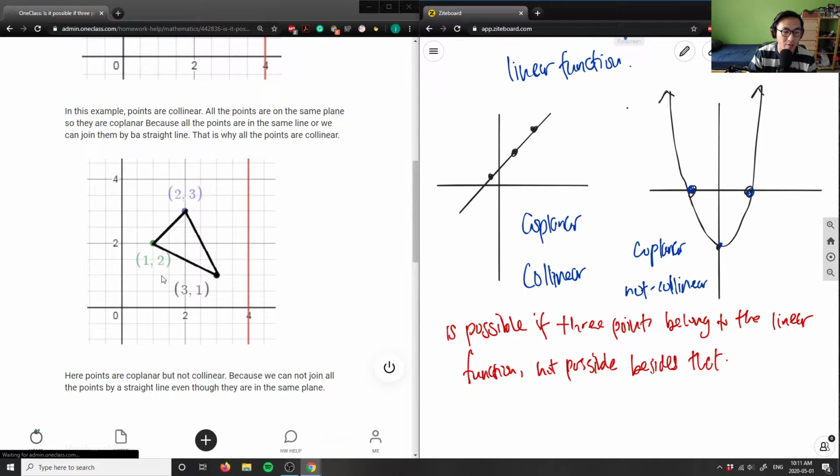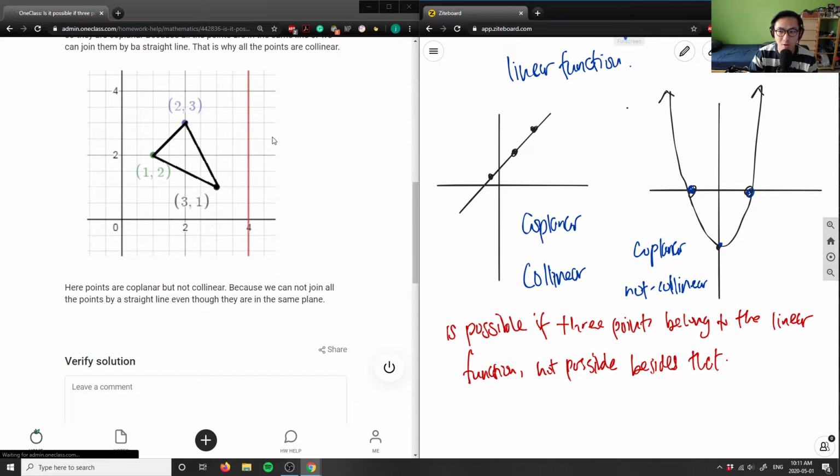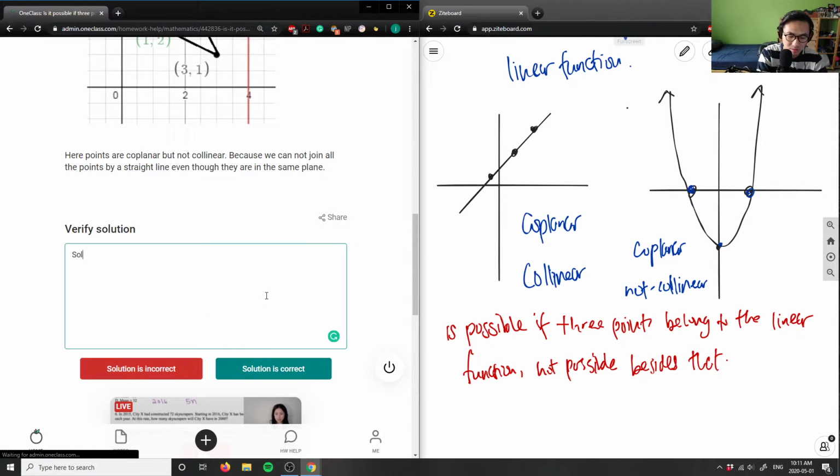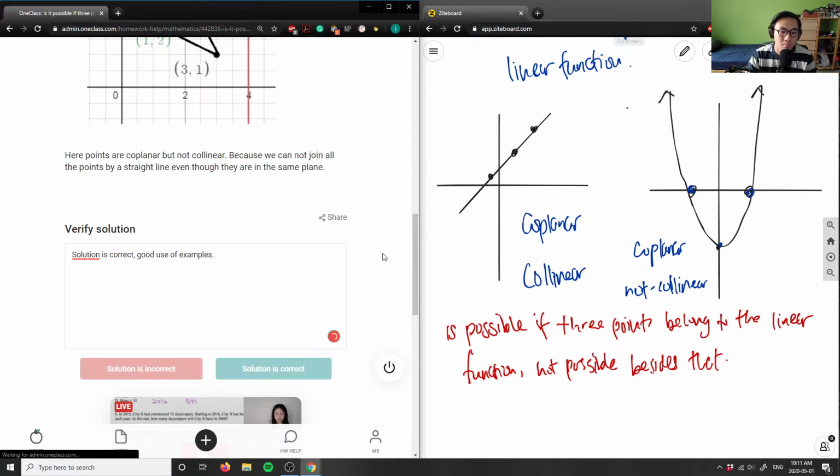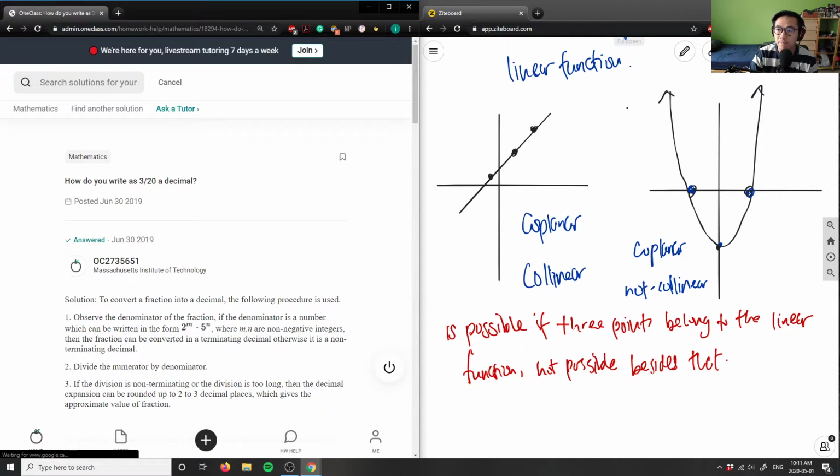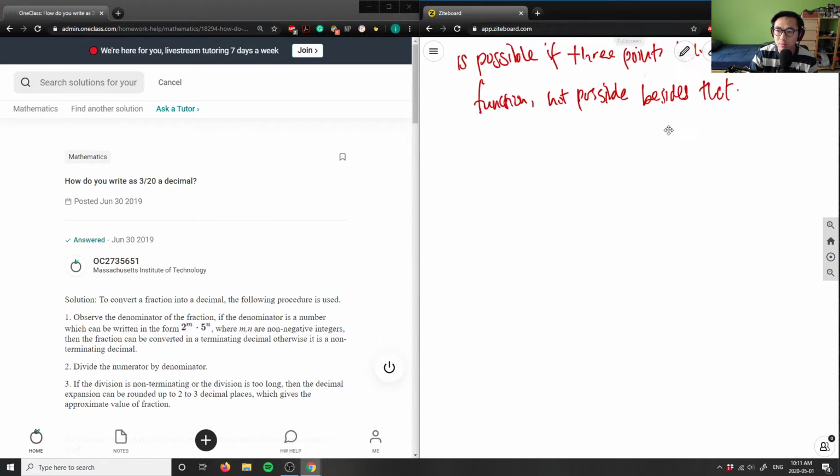I can't throw one straight line through all of these 3 points. So as you can see, this would be coplanar, but not collinear. So this solution is correct. Good use of examples here. All right, that's number 2.